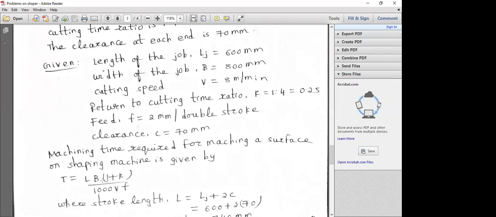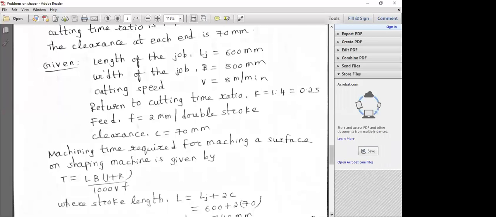L into B, length of the job into width of the job, into 1 plus K. What is K here? K is the return to cutting time ratio. V is the cutting speed. F is the feed per double stroke.